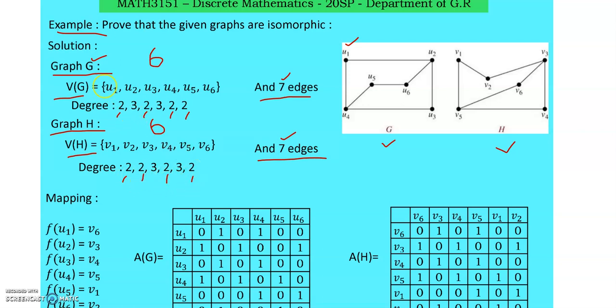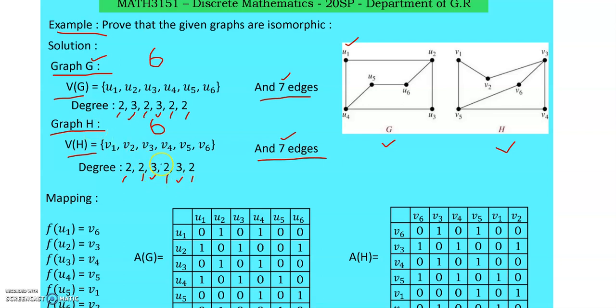So in graph G, 4 vertices with degree 2. Similarly in graph H, 4 vertices with degree 2. Now with degree 3, two vertices. Here 1, here 1. Two vertices of degree 3 in graph G. Similarly two vertices of degree 3 in graph H.